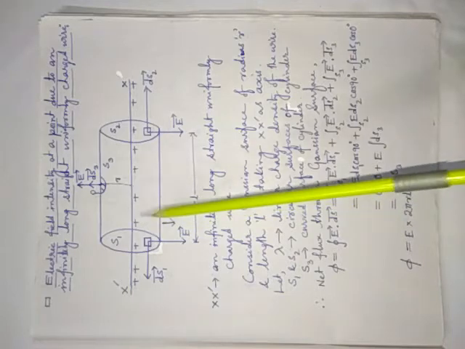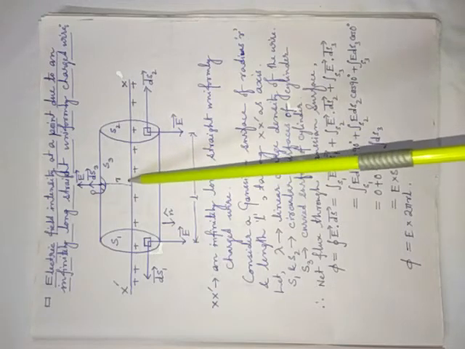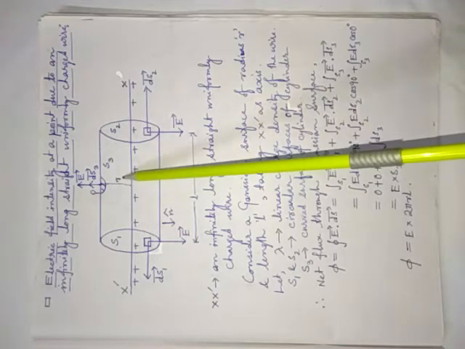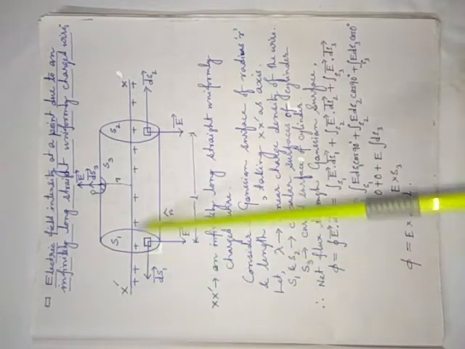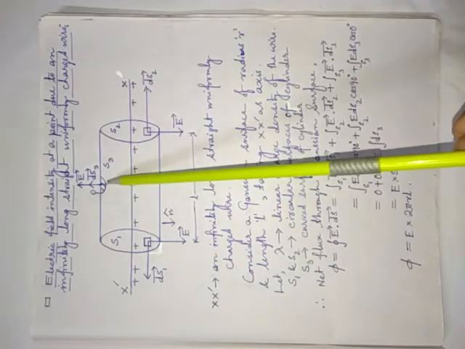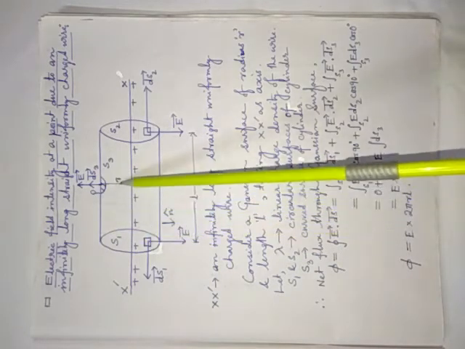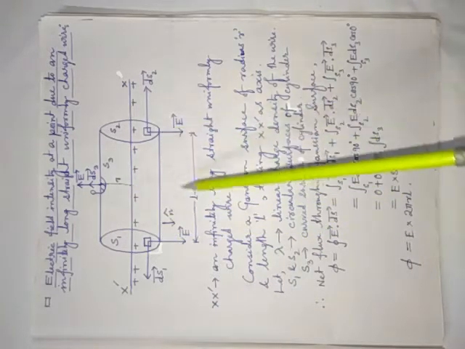That is why it is better to consider a cylinder as a Gaussian surface. I have considered a Gaussian surface of radius r, because the point P is at a distance r from the axis, and the distance between the axis and point P is the radius. Suppose the length of the cylinder is L.